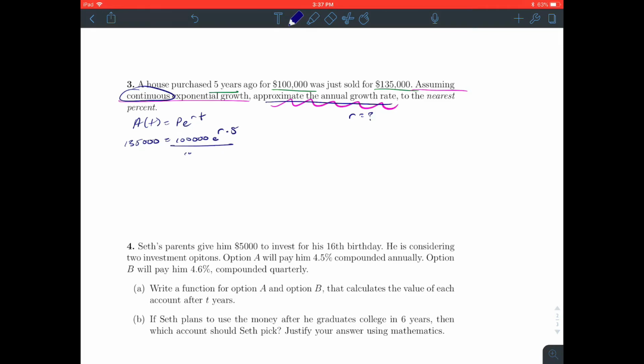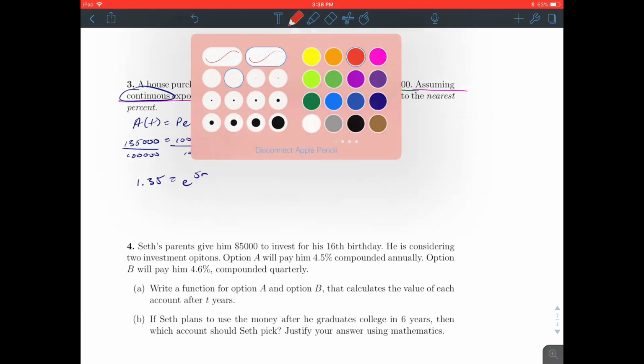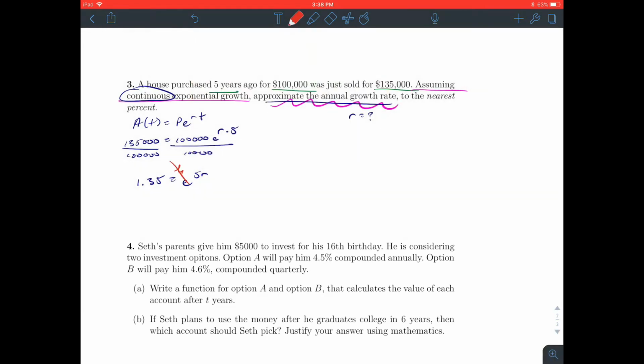So now to solve this, we do division by 100,000 on both sides. That gives us 1.35 equals e to the 5r. Next step to solve for r, we do ln on both sides. That becomes ln of 1.35 equals 5r.